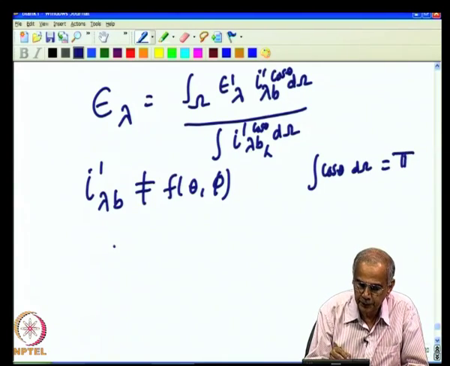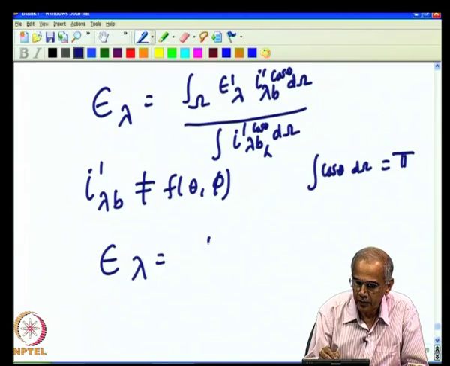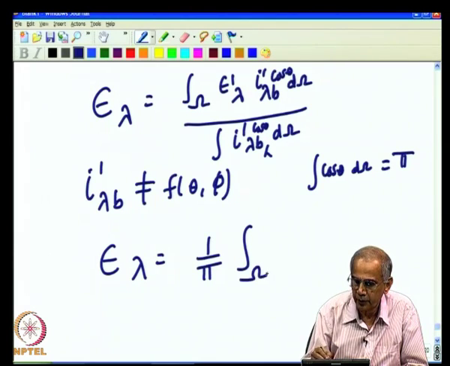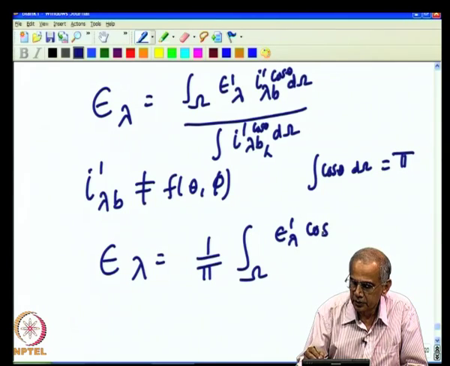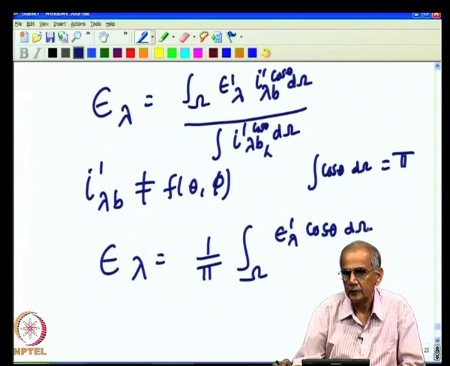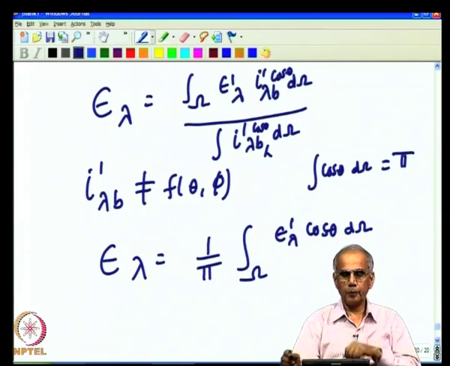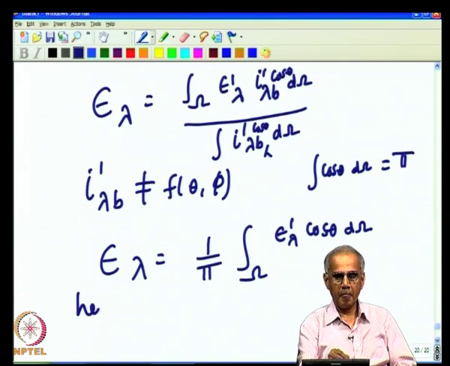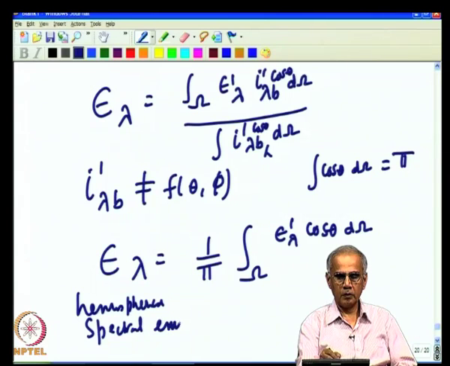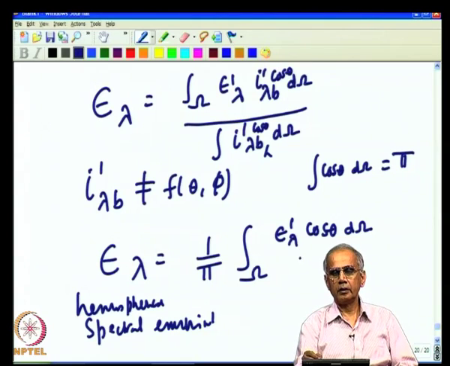Okay. So, the final expression for epsilon lambda we are getting is 1 over pi integral over omega of epsilon prime lambda cos theta d omega. And the main lesson you have to learn from this expression is that we do not obtain the hemispherical value by merely taking the directional value and averaging it arithmetically.